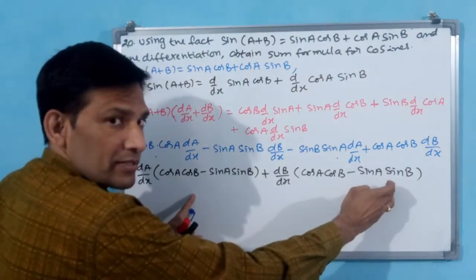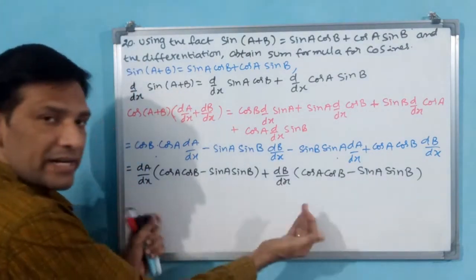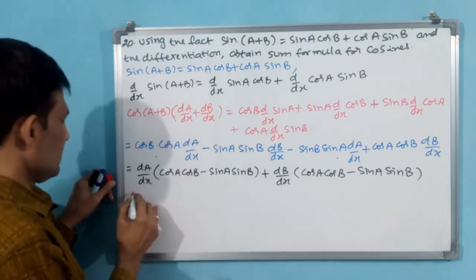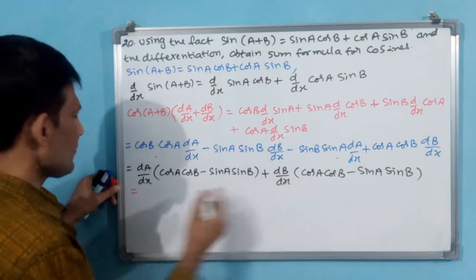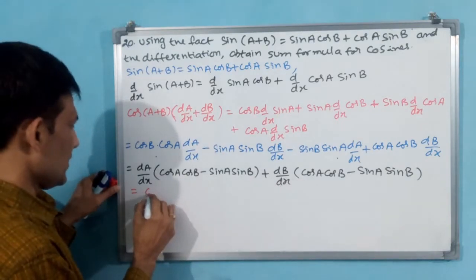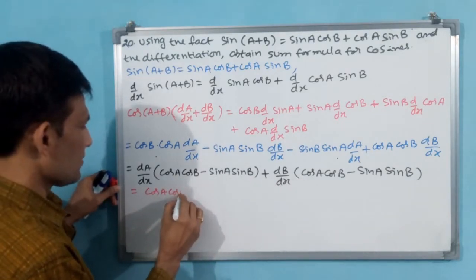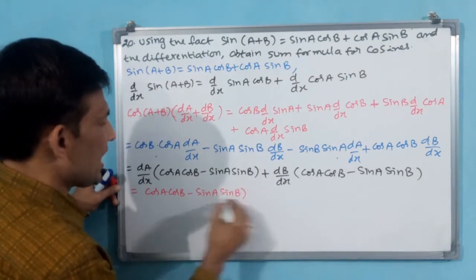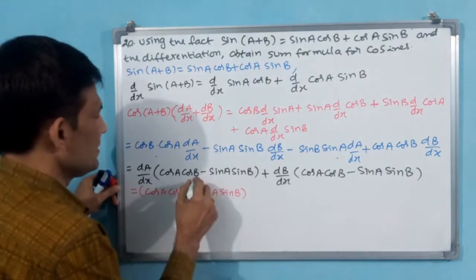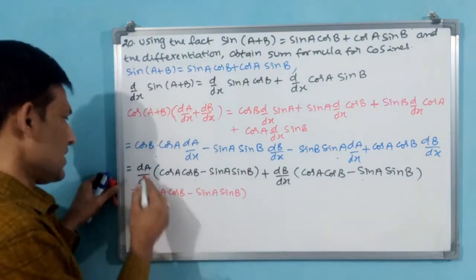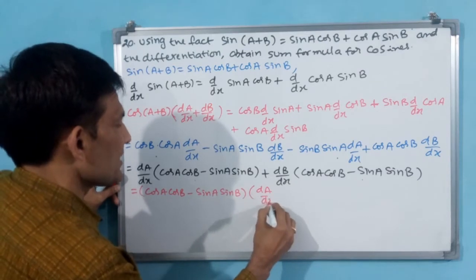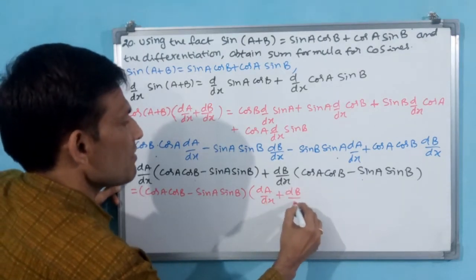I am going to take now cos A cos B minus sin A sin B as common, and these two I will write in bracket. Okay. See what I am doing now. That is equal to cos A cos B minus sin A sin B. I have taken common. Why? Because both sides, here also this one, here also this one. Now if I take common, this automatically what is there? dA by dx plus dB by dx is there.